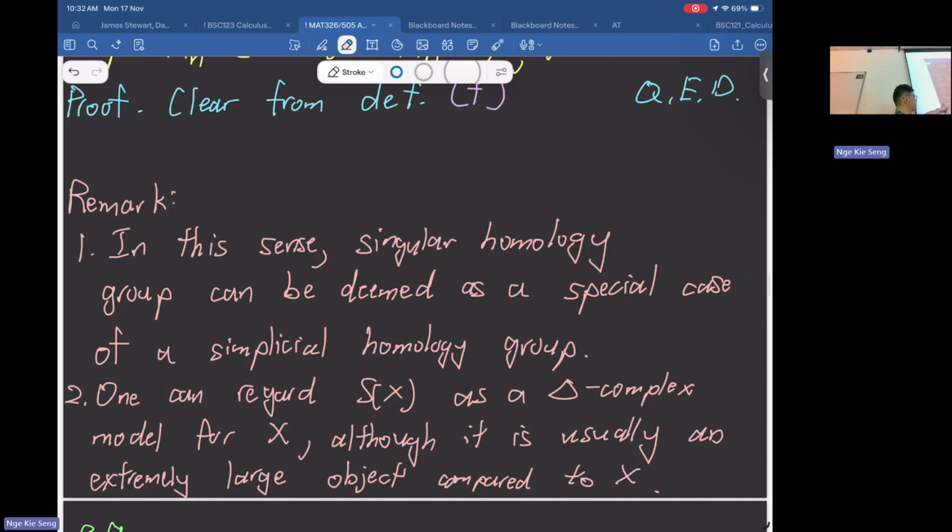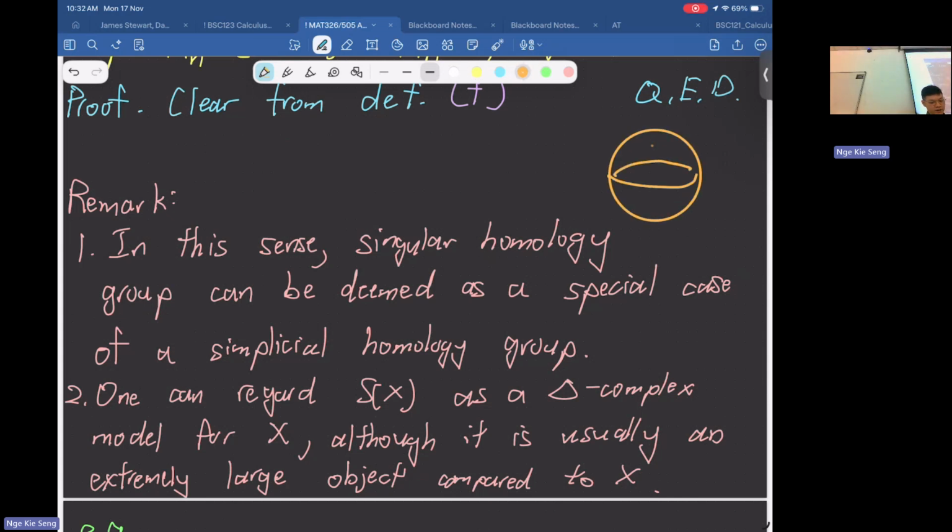But one remark I want to say is usually this delta complex here seems to be a larger object than X. Maybe one thing I think last time we already saw this kind of thing before is, for example, for S2, we can use a few delta 2 to build it up.